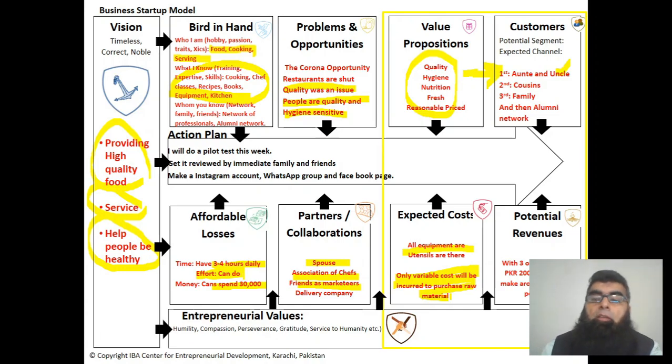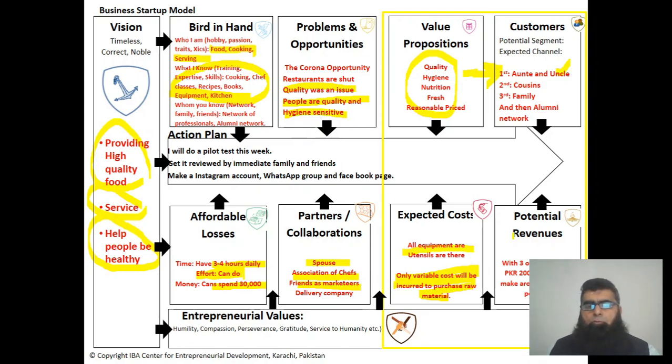So looking at an estimate of the potential revenues to give her some sort of courage, based on her talking and informal research, she comes to know that she can get three orders a day, which she can fulfill, and three orders a day at 2,000 minimum. She can make like 6,000, and she can make around 40%.